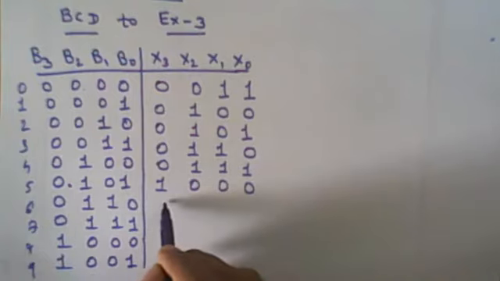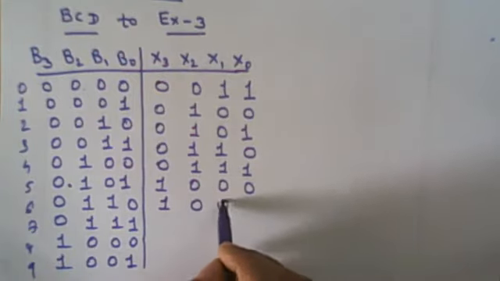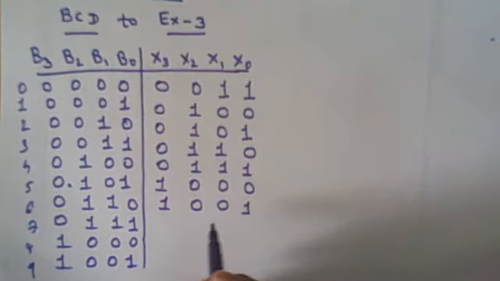And 6 plus 3 is 9, which in binary is 1001.